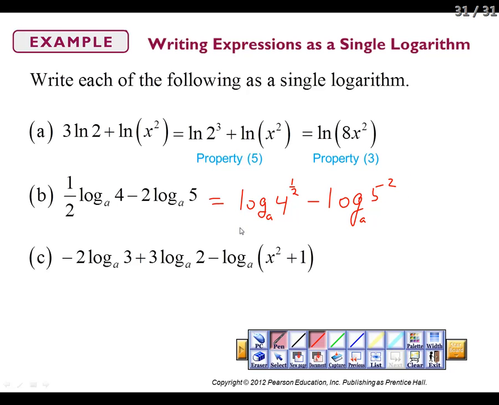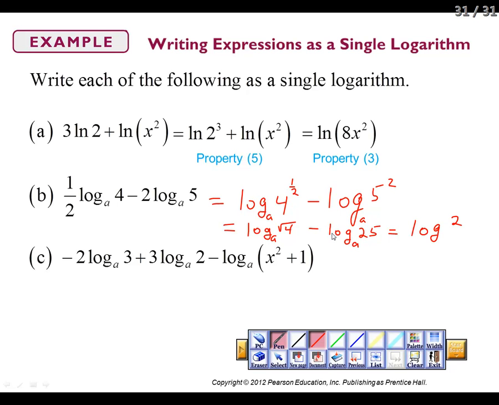Well, that's the same thing as saying the square root. Log square root of 4 base A minus log 25, 5 squared is 25, base A. Well, square root of 4 is 2. So this would be log 2.